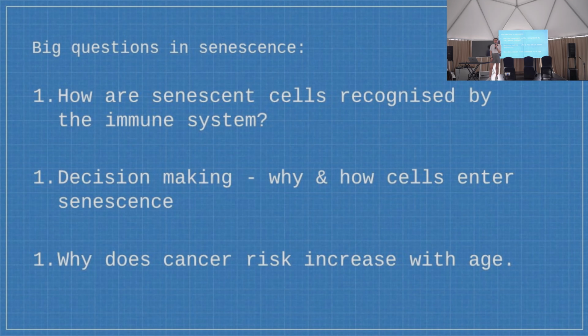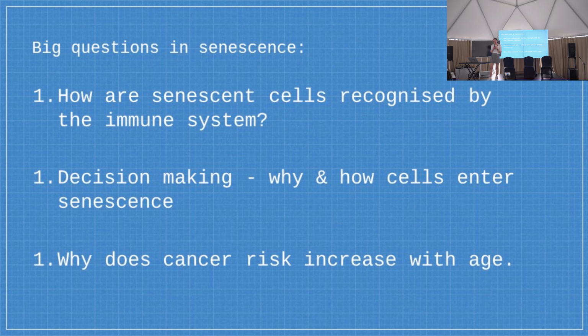So there are some really big questions left in senescence that the lab I'm currently in and other labs are trying to address. The first is how exactly these senescent cells are communicating with the immune system, and what components of the immune system, what cells, the T cells or what subtype, are actually involved in removing the senescent cells from the tissue, and potentially could we activate those cells in cases of aging where the senescent cells are not removed.